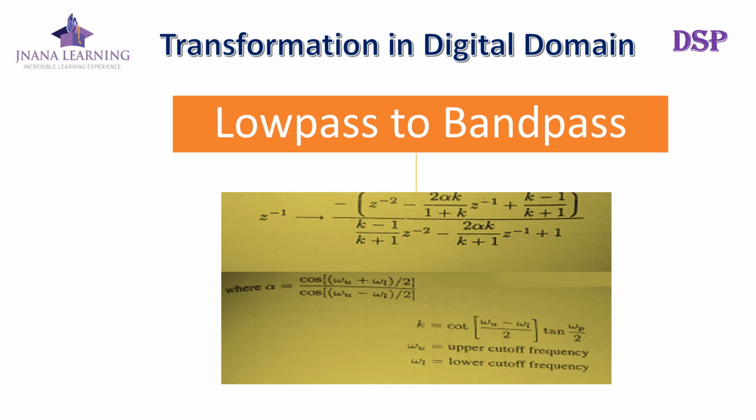Here alpha is equal to cos of (omega u plus omega L) by 2 divided by cos of (omega u minus omega L) by 2, where k is equal to cot of (omega u minus omega L) by 2 times tan of omega p by 2. Here omega u is the upper cutoff frequency, and omega L is the lower cutoff frequency.